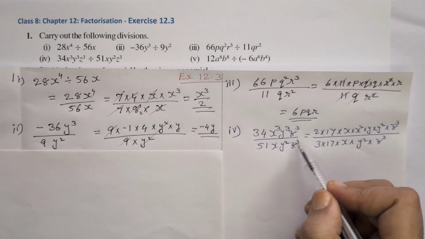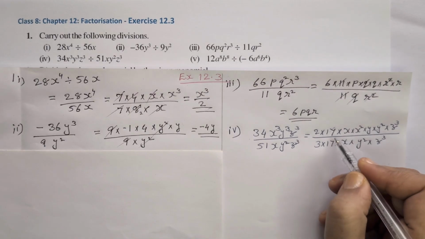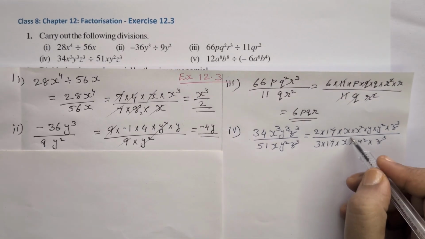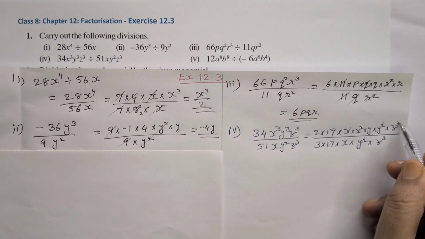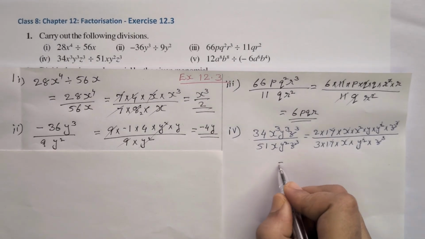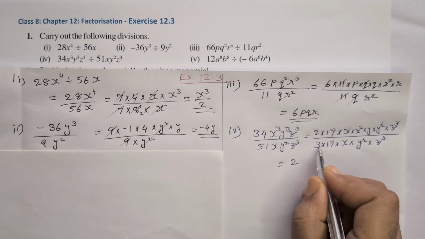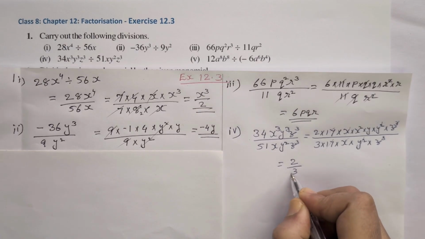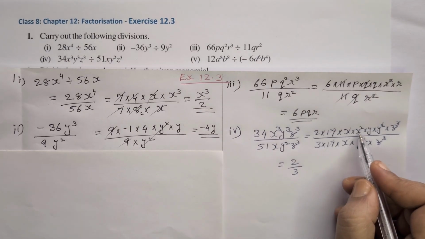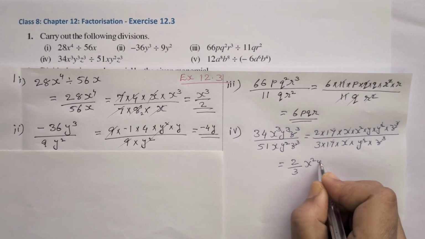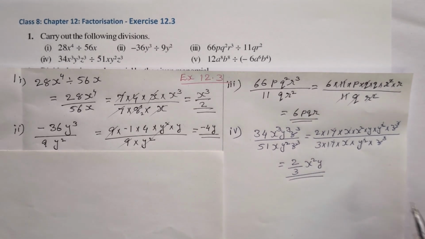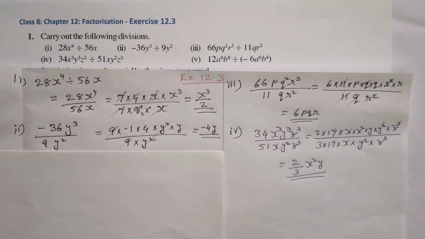Z cube same we can cancel. So 17 we can cancel, x will go, y square, z cube. Then remaining here 2 in the numerator, 3 in the denominator, that means 2 by 3. And x square is there and 1 y. X square y. So 2 by 3 x square y is the answer.